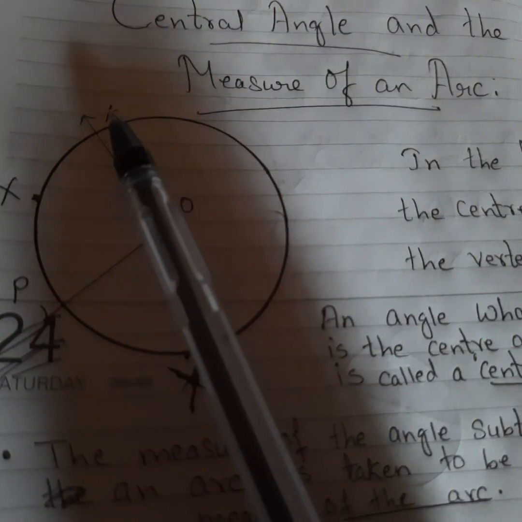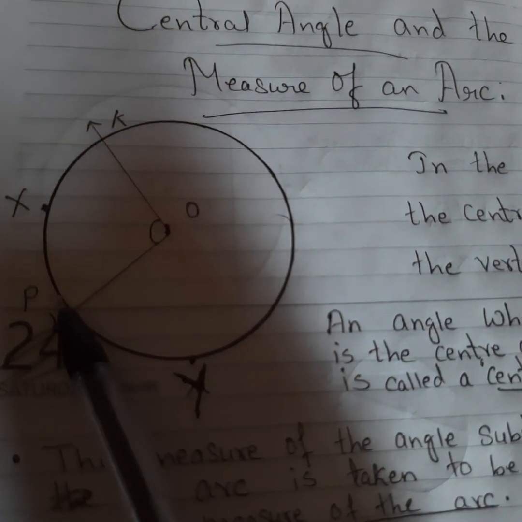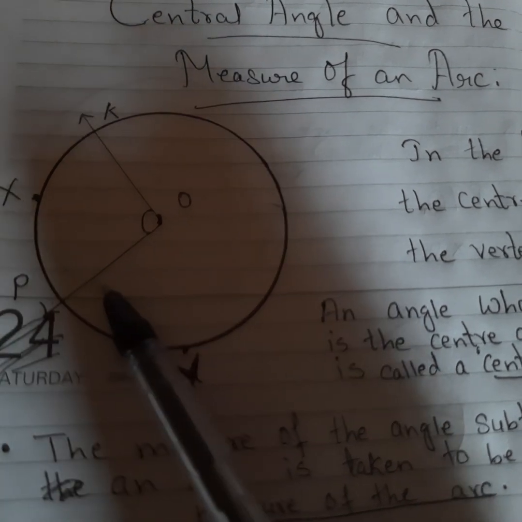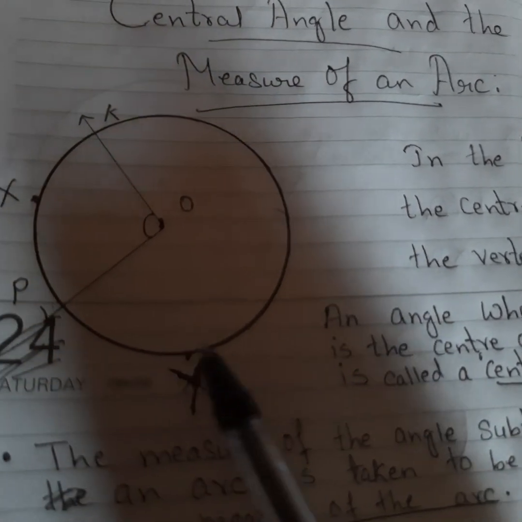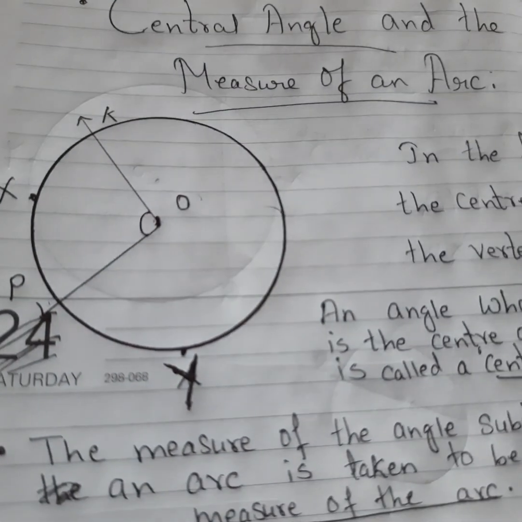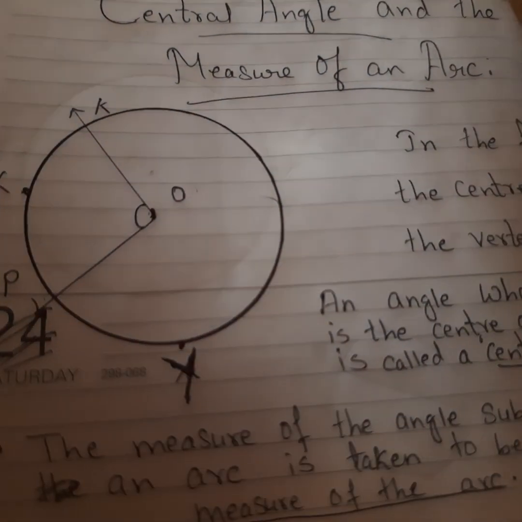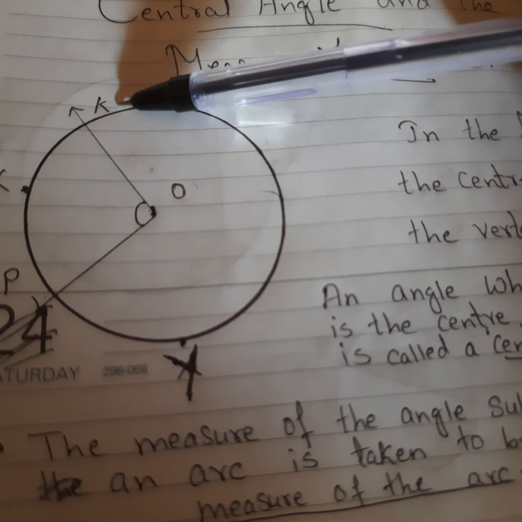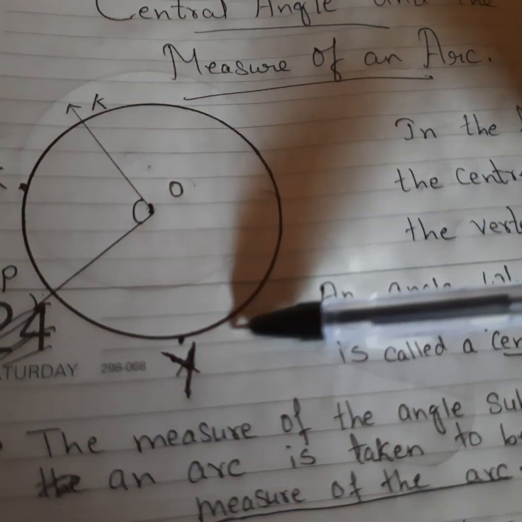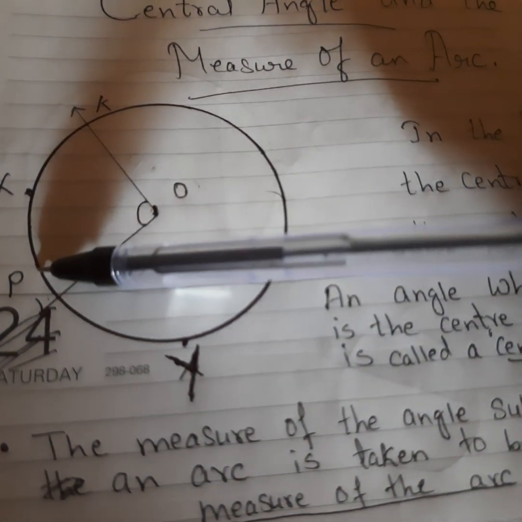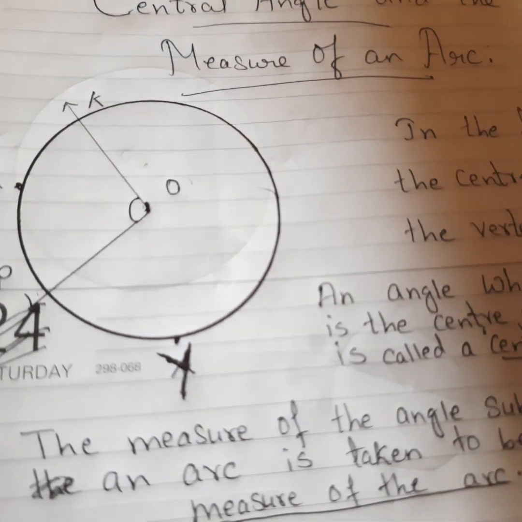So this is the arc KXP, because this much part of the circle is covered, and you can see here it is marked Y. Okay, you can see this Y. So this arc KYP is the major arc.